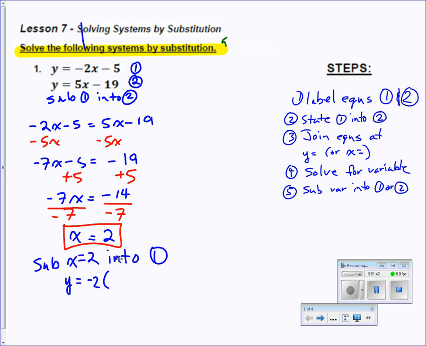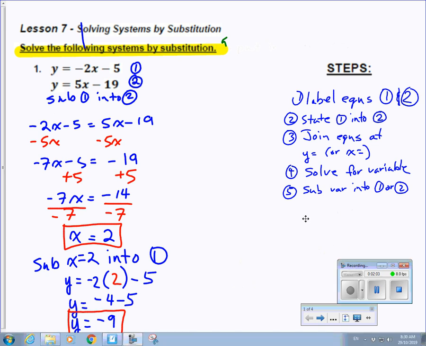So you say sub x equals 2 into 1, and that means you've got y is equal to negative 2 bracket minus 5. And what we substitute in here is the 2 from the x. And when we simplify, we end up with y is equal to negative 4 minus 5, and y is equal to negative 9.